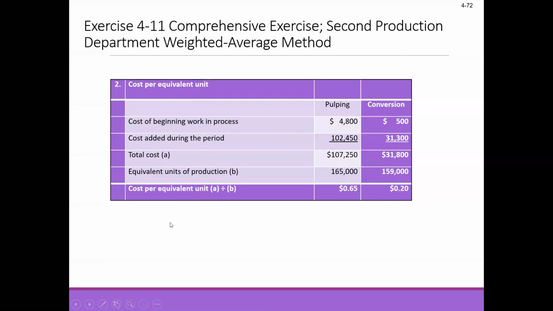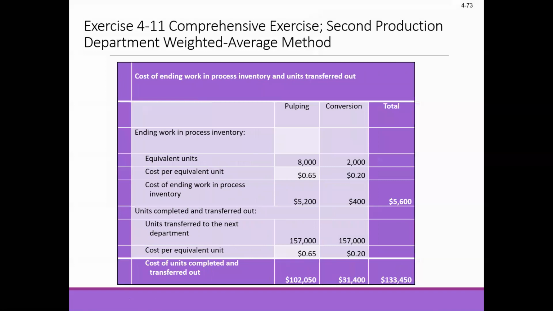Okay, costs added during the period give us our total cost. Divide that by our equivalent units of production, and that gives us our cost per equivalent unit.